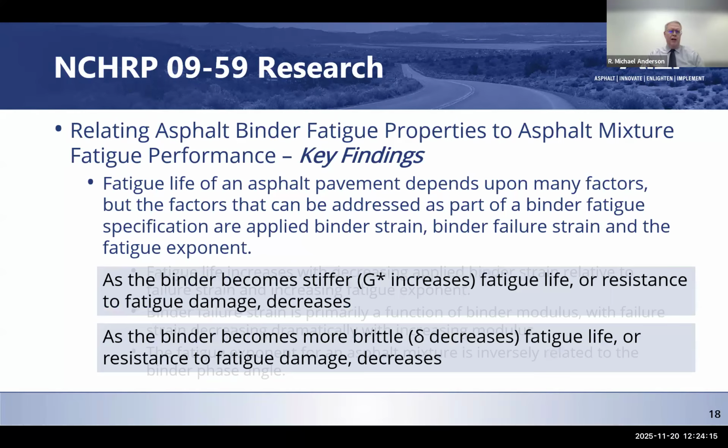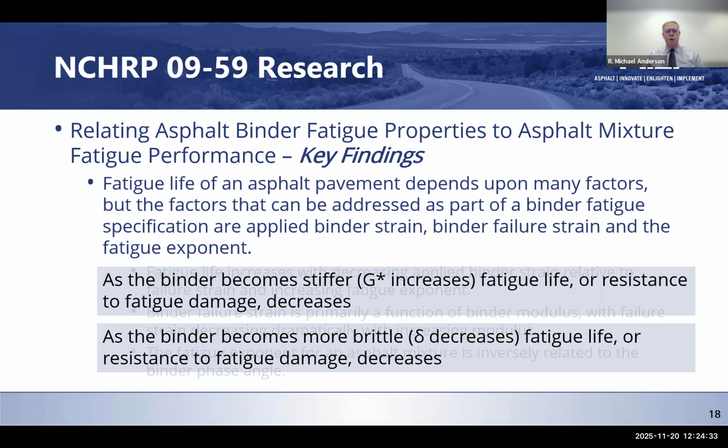So what does all that mean if we look at it in, I won't say simpler terms, but by breaking it down? As the binder becomes stiffer, as G star increases, the fatigue life, or the resistance to fatigue damage, decreases.